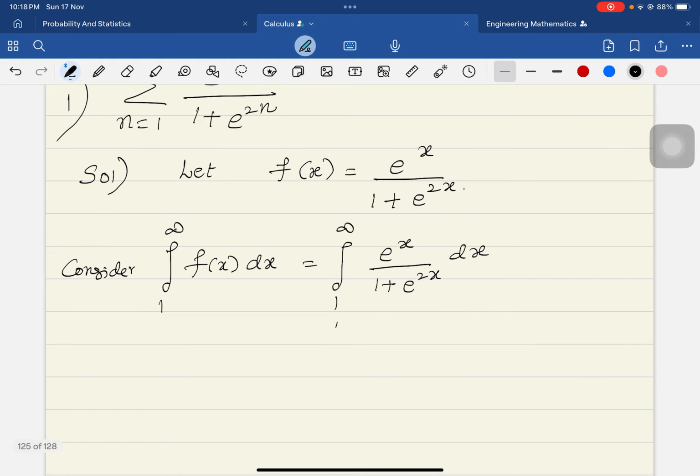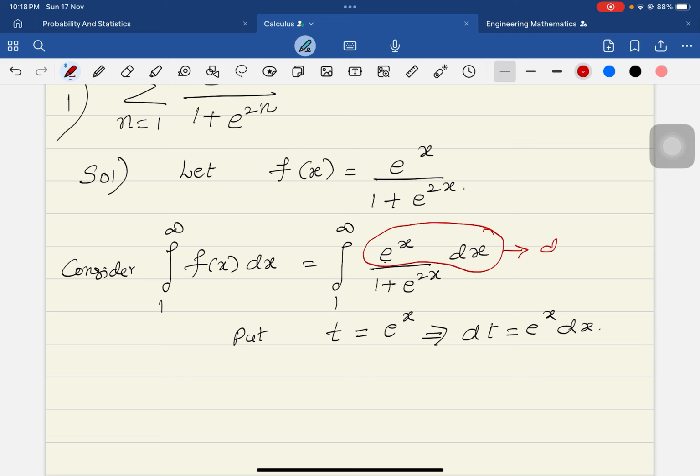How do we do this integration? By taking a substitution. Let us take t equals e raised to x. Then dt is e raised to x dx. So e raised to x dx is being replaced by dt.